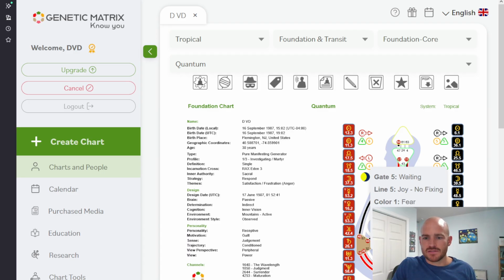So this is the fifth gate and the 5th line. I know I could have probably used a better example, but the way that gate is colored in is the gate of waiting, 5th line of joy.